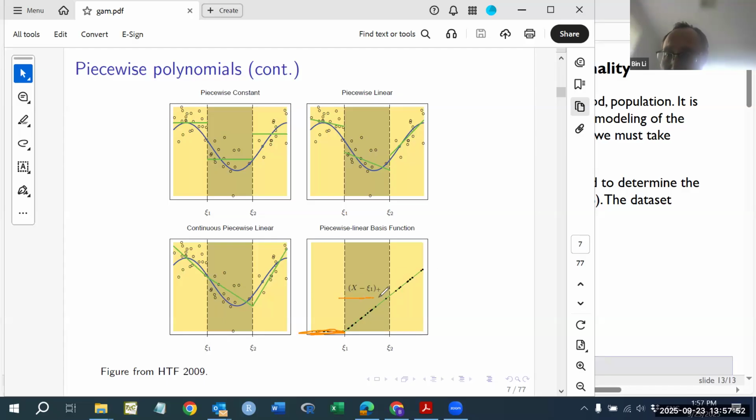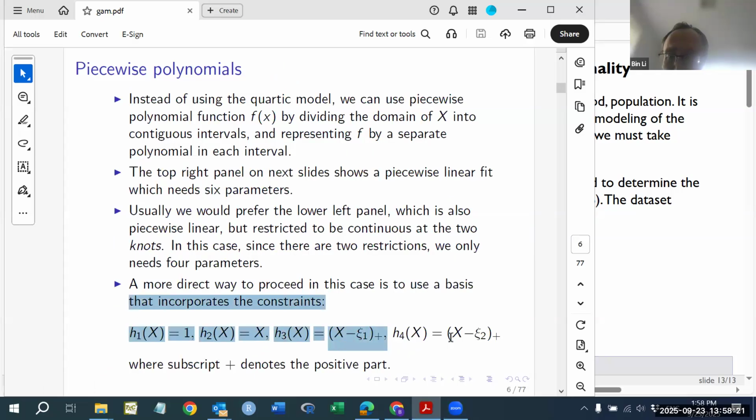So this is also called the broken chopstick basis. It only records the positive part. If it's below zero, it's always constant zero. So if we use this basis, you can see we can have the piecewise continuous linear function using these four bases.